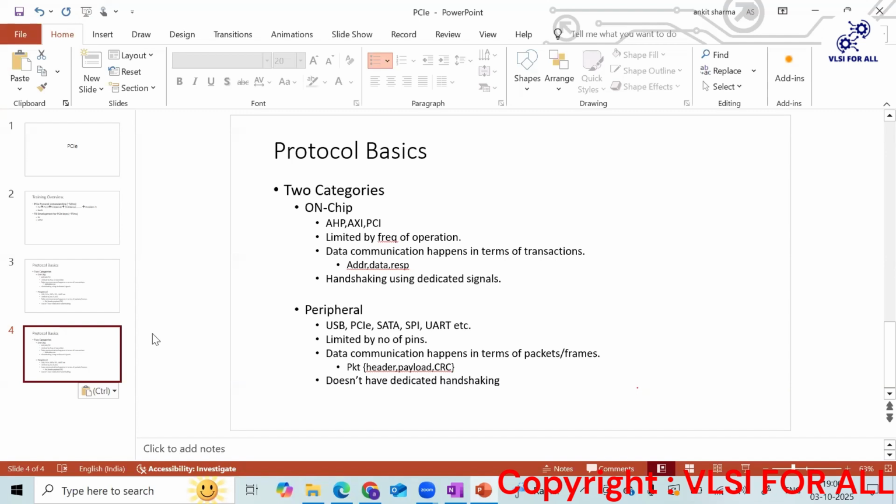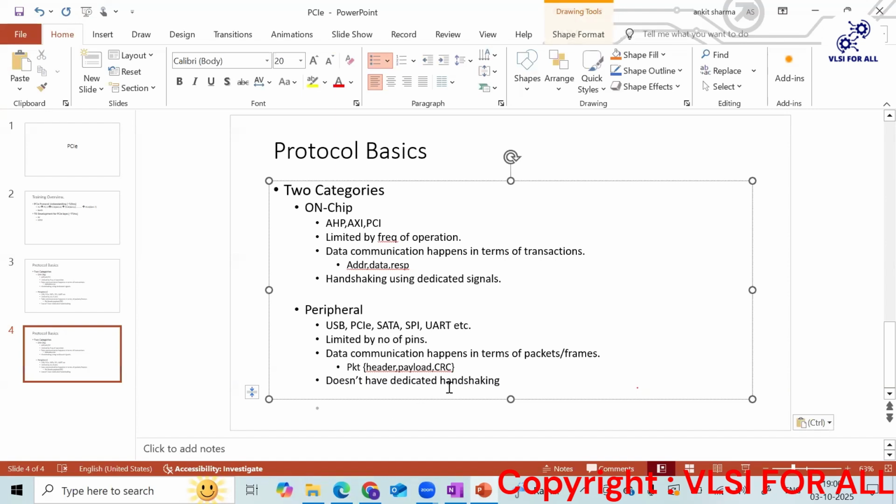So like that we are targeting. In peripherals we can remove or reuse them, but on-chip it is already fabricated, so we cannot remove it.